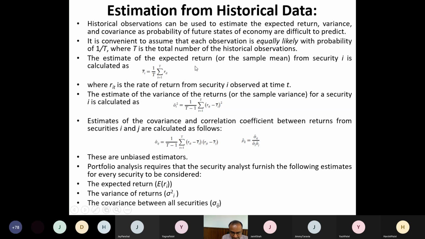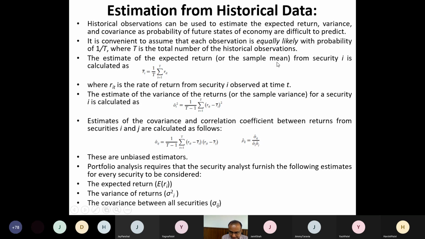Then we replace the expected return by its estimated value. We can say it's a sample mean. We are collecting the samples, historical samples.